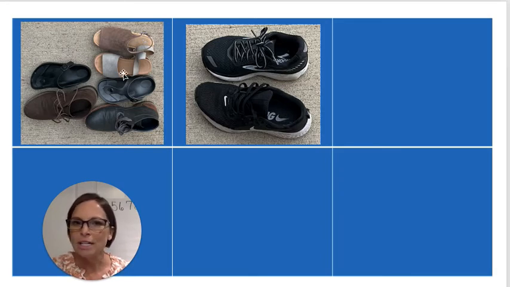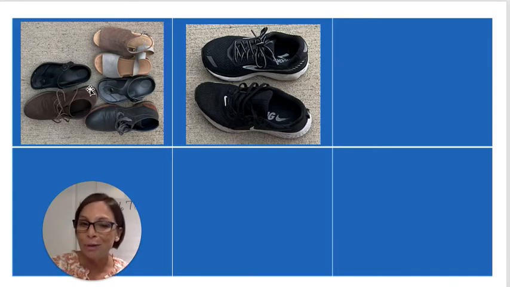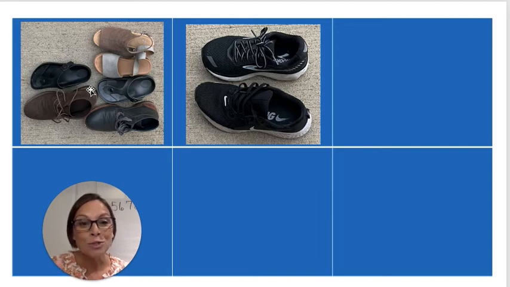I sorted them based off of an attribute I was looking for. These are shoes that would be good to run in or exercise in, and these would not. Now, that is my opinion. You may want to argue that with me. But when I sorted, I had a reason for sorting them this way.